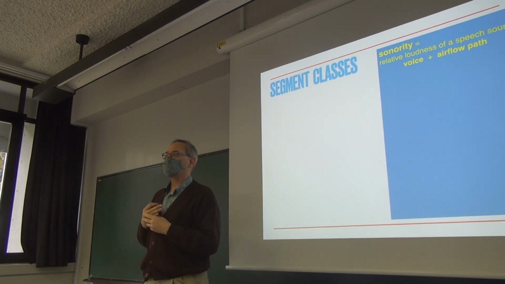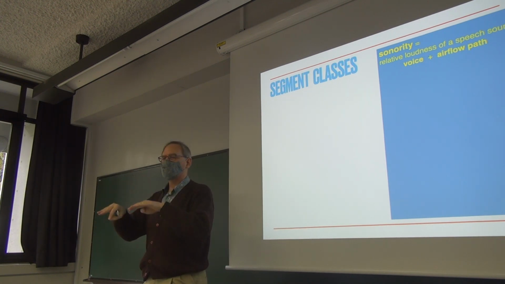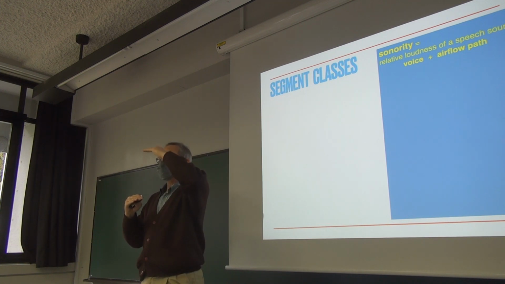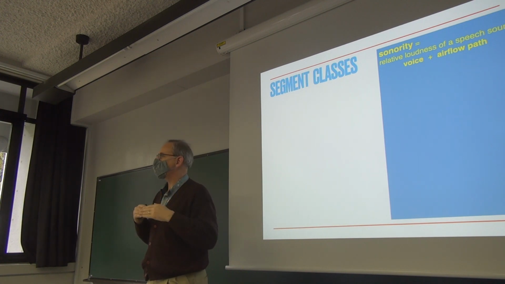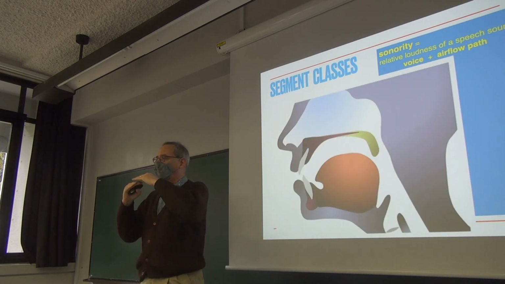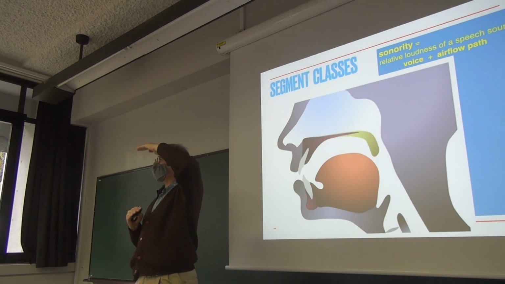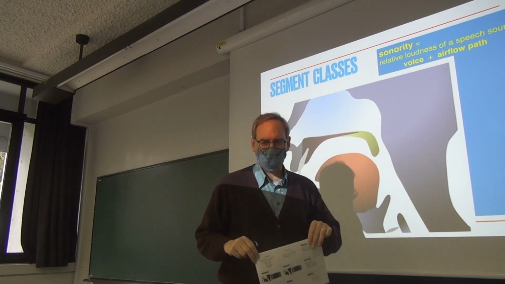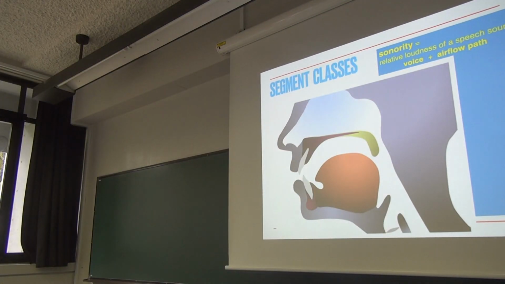So when I produce speech, air passes through my mouth, but by changing the shape of the space in my mouth, it increases or decreases the airflow path through the mouth. An airflow path that is wide will have a lot of sonority. An airflow path that is very narrow will have little sonority. And if we completely stop the airflow, then we will eliminate or stop the sonority.